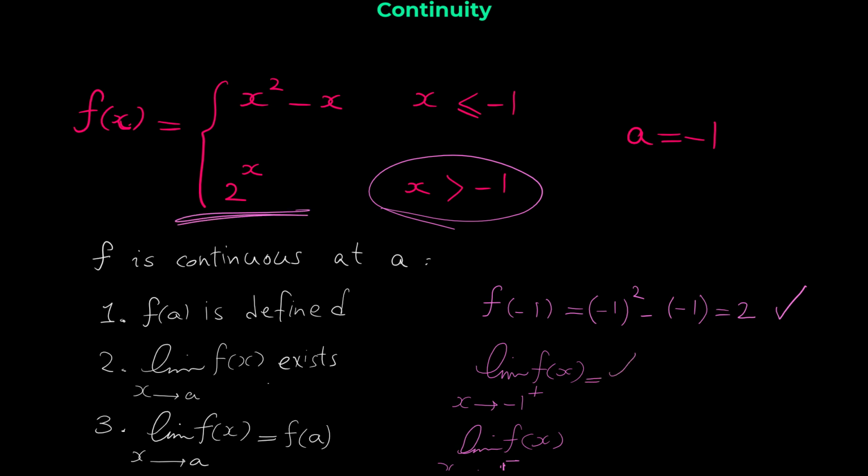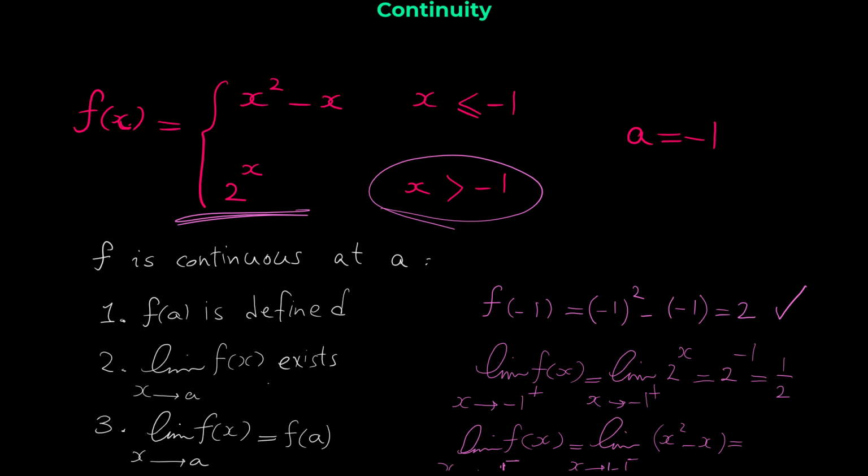So this would be the limit of 2^x as x approaches -1 from the right. If you simply plug in -1, it would be 2^(-1), which is 1/2. For finding the left limit, we use the other equation: the limit as x approaches -1 from the left of x^2 minus x.